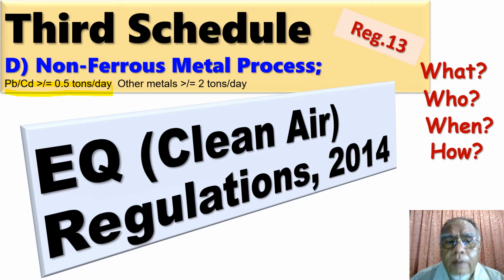What if they are producing lead and cadmium, but only at 0.4 tons per day? Where do they belong as far as the clean air regulation is concerned? The answer is, as you know, they would belong to other industries. What about the emissions from their furnace?